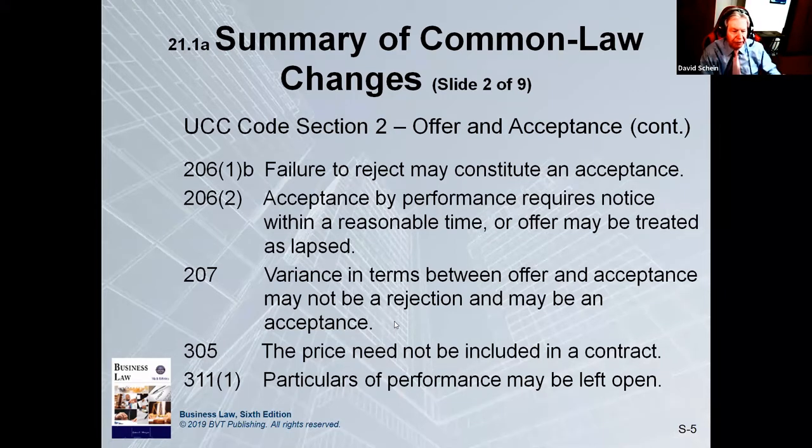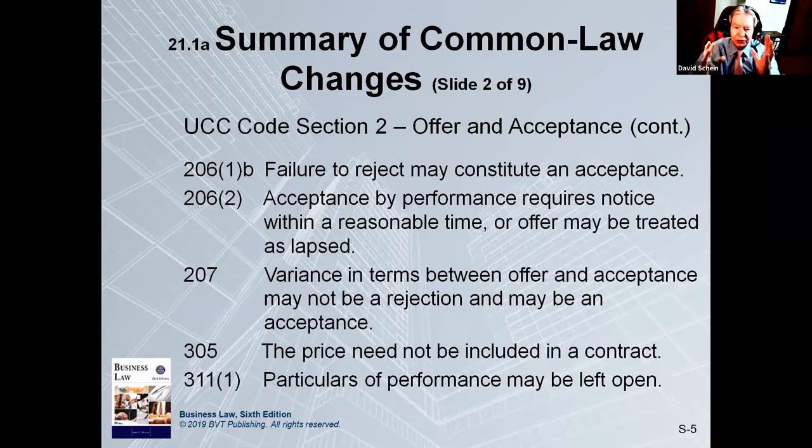And then the variance in the terms between the offer and acceptance may not be a rejection and may be acceptance. Now, here's a critical element here with regard to Section 207. When you have this situation in common law, remember we talked about the mirror image rule.